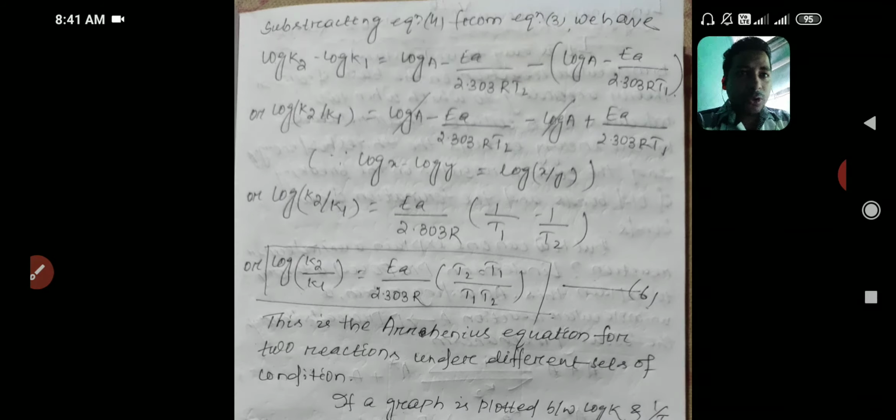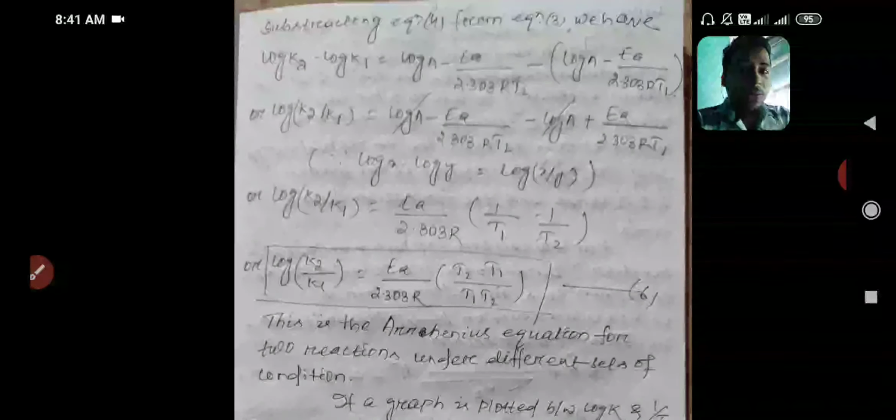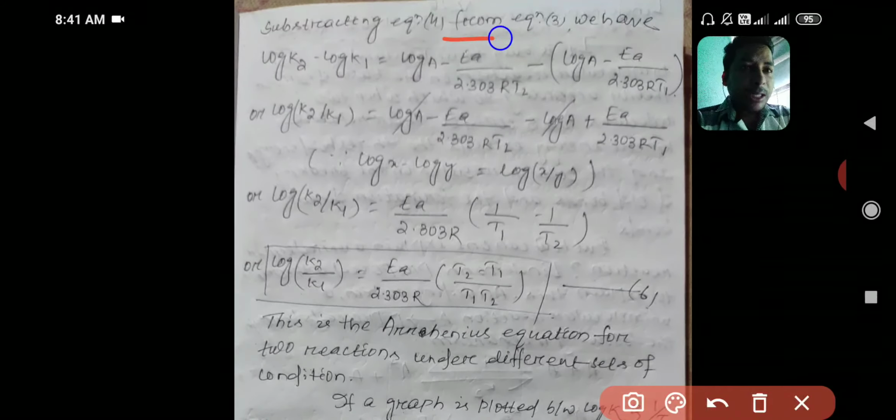So now subtracting equation 4 from equation 3, we can write log k2 minus log k1 is equal to log A minus Ea by 2.303 RT2, the equation for log k2, minus log A minus Ea by 2.303 RT1, the equation for k1.